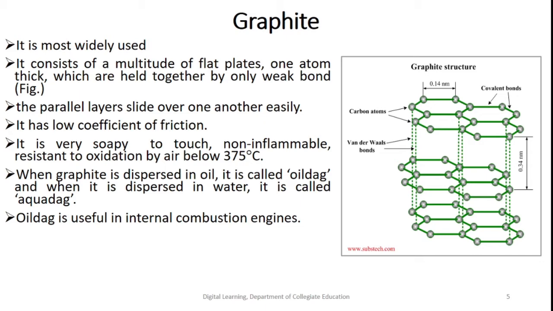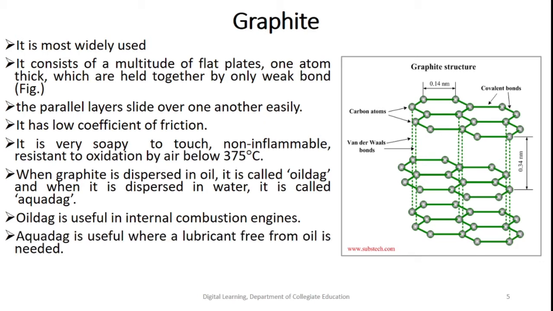Oil dag is found particularly useful in internal combustion engines because it forms a film between the piston rings and cylinder and gives a tight fit contact, thereby increasing compression.